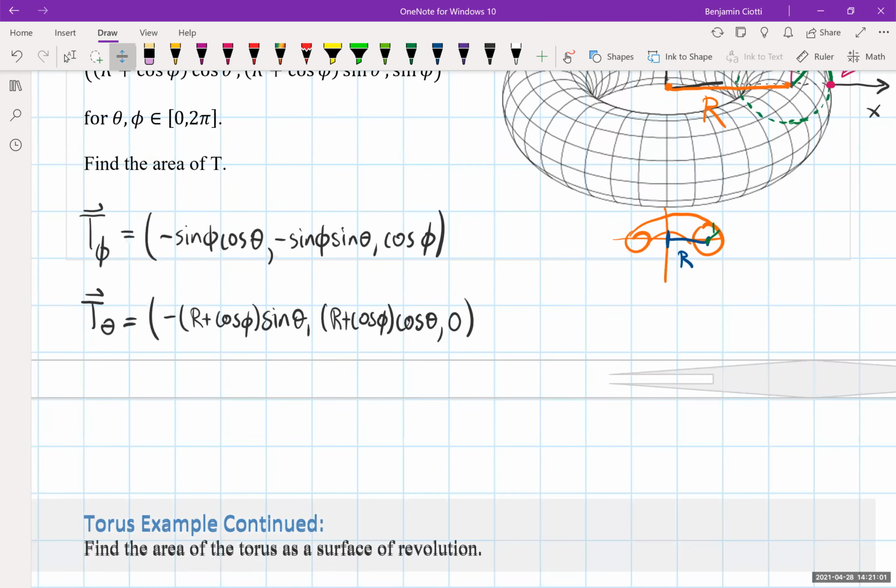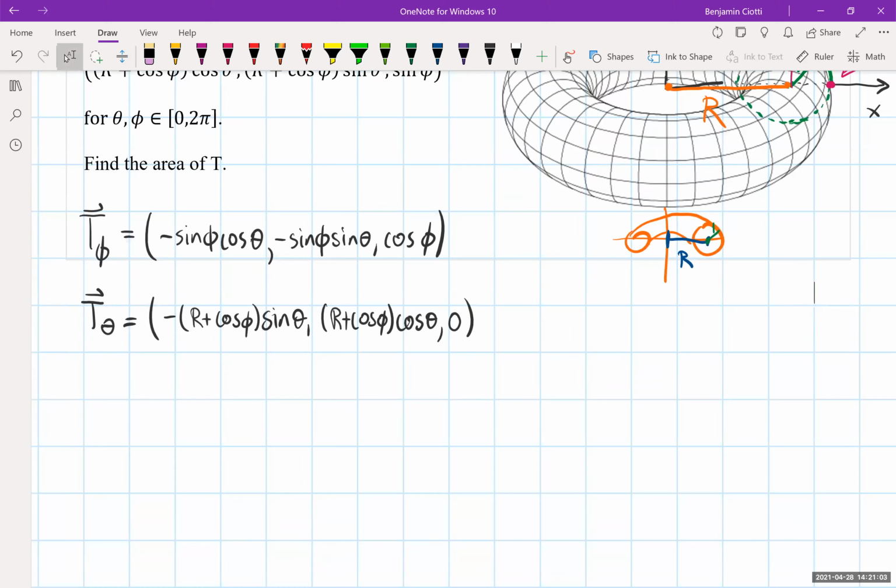I don't want to actually do the computation of the normal, n, which is T_phi cross T_theta. I'll just tell you what the answer is, because doing the cross product and the determinant takes a while.